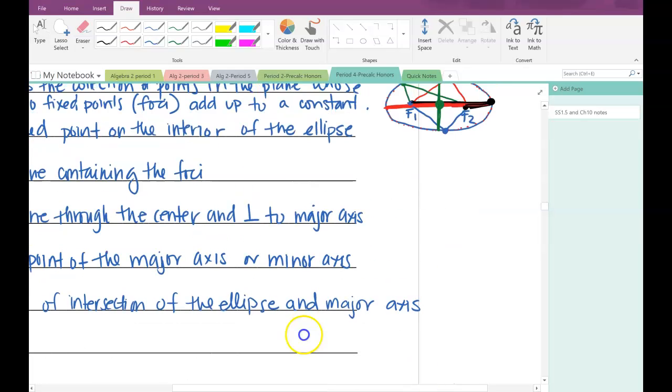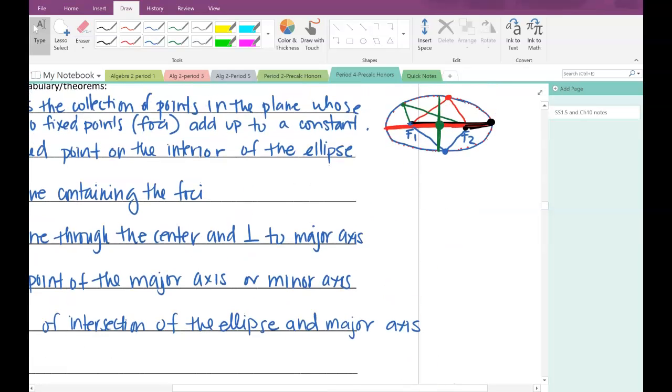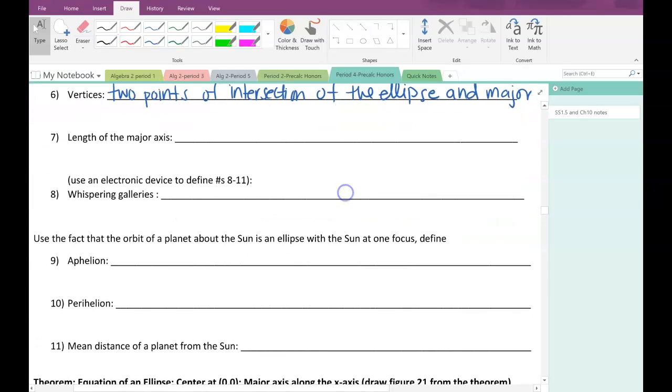The vertices are the two points of the ellipse, on the outer edge, where the major axis is. So those are vertex 1, vertex 2, together they're called vertices. The length of the major axis is the distance from one vertex to the other vertex.